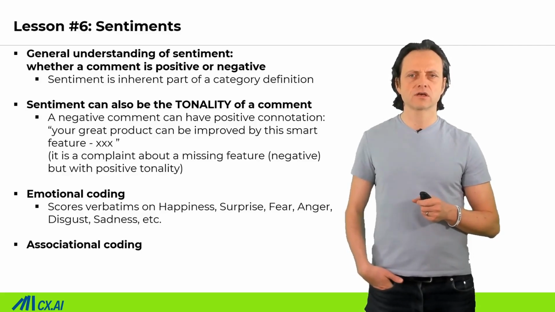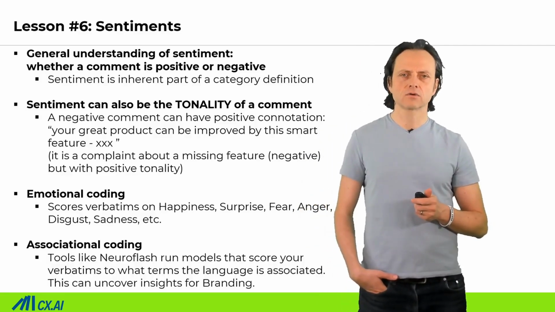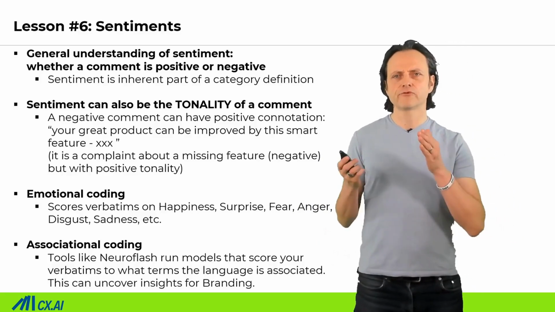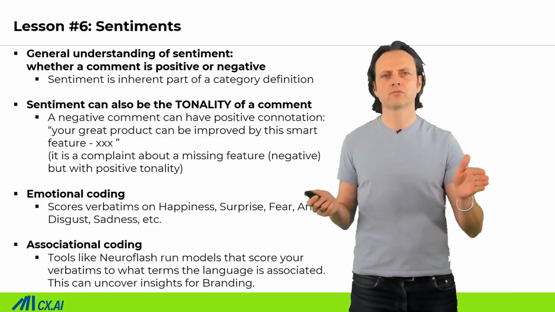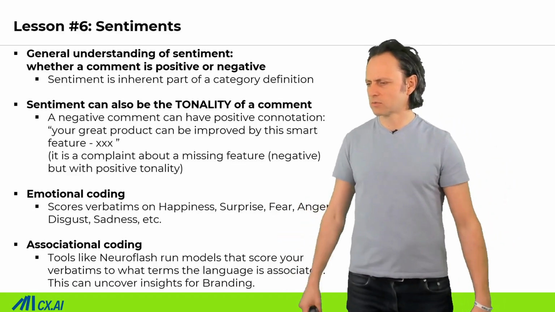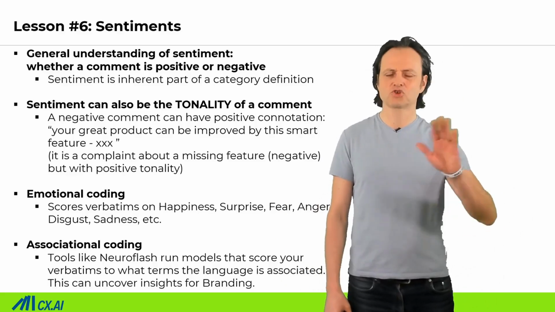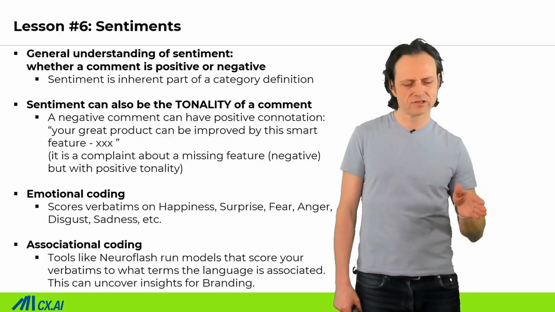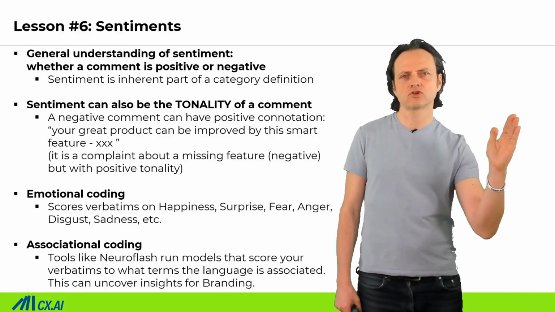One very interesting way is so-called associational coding. There are AIs which can be tapped on, for instance, NeuroFlash is a tool like that, that finds which other terms the verbatim is associated with. So, for instance, if someone says, straight to the point, your service is crap. Just starting straight to the point is associated with the term dominance.